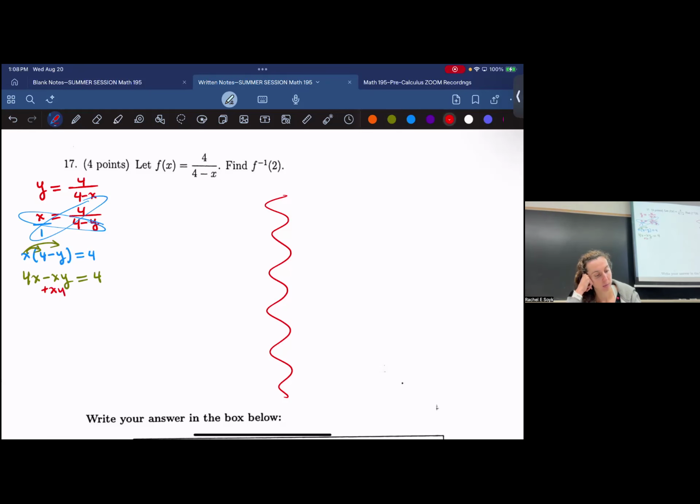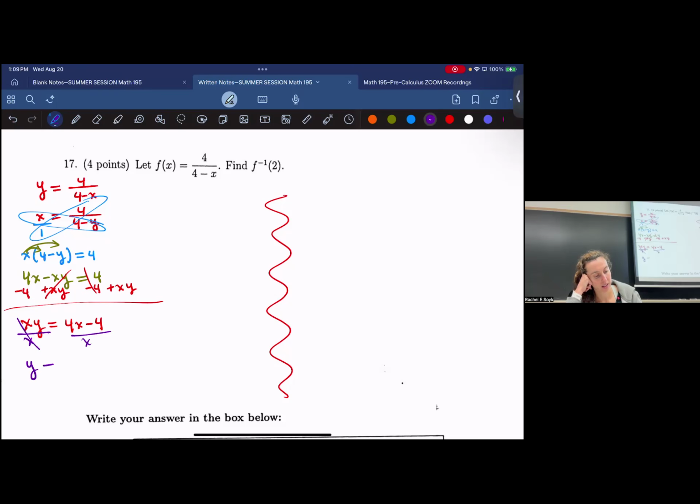Going to add xy to both sides, subtract 4 from both sides. So I'm looking at xy is equal to 4x minus 4. And then last but not least, I'm going to divide both sides by x.